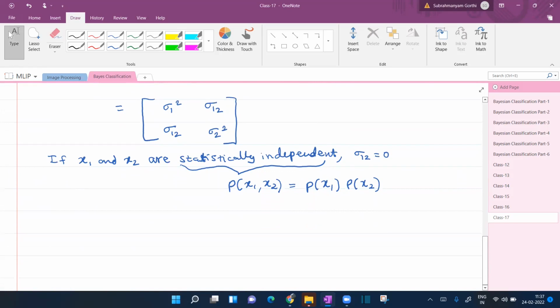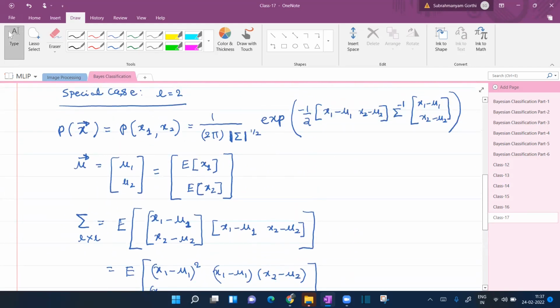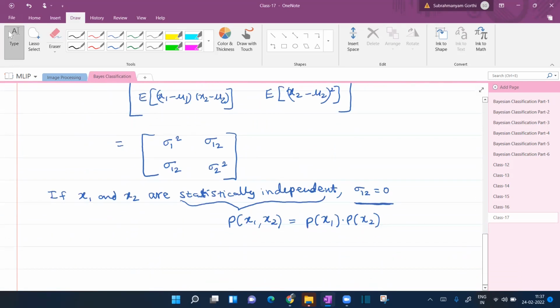If you multiply P of x1 into P of x2 and equate it to P of x1 comma x2 that we have written, you would realize that sigma 1 2 will be equal to 0. So I want every one of you to work it out.